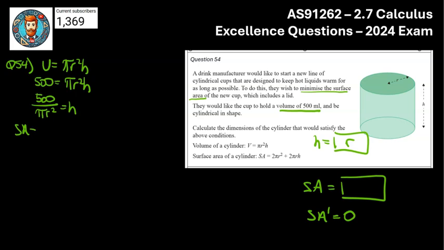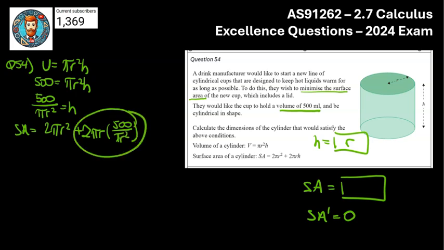So my surface area is going to be equal to 2 pi r squared plus 2 pi r h. And remember that h is going away and it's becoming 500 over pi r squared. I can now look to simplify that, particularly the messy fraction. So let's move the 2 pi r up to the numerator and see what we get. So we've got 2 pi r squared plus 1000 pi r over pi r squared.